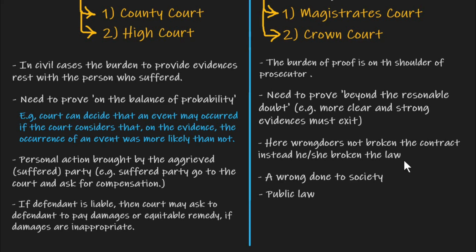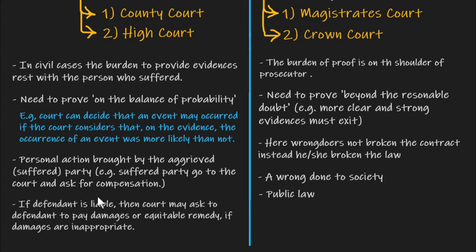In criminal cases, wrongdoers break a law instead of a contract. So it's a wrong done to society, and that's why criminal law is also known as public law. In civil law, it's a right or duty of the claimant or suffered party to go to the court and ask for compensation.